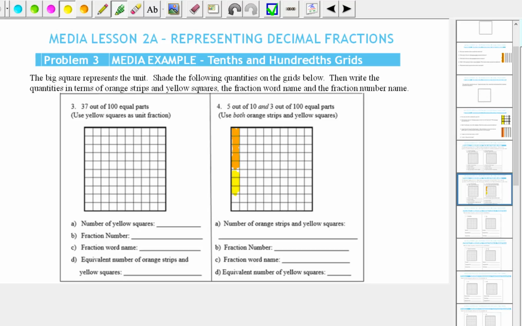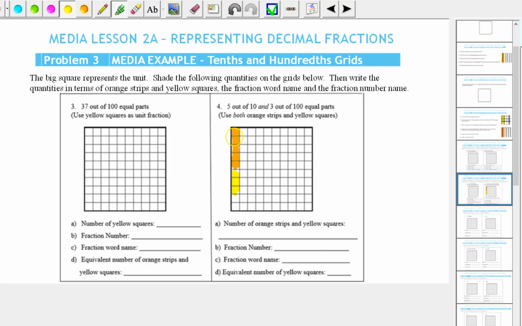And I ask them, I'm like, why are the orange and the yellow the same size? So this is supposed to be 5 out of 10. Show me where the 10 is. And they'll say that once they cut them into tenths in this direction, they think of one column as 10. So they're not using the right reference unit fraction.